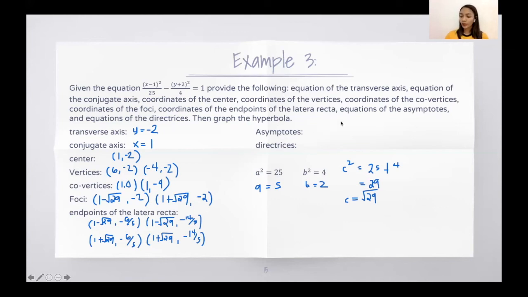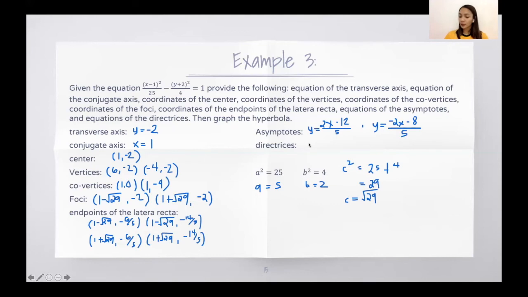Okay, so let's go to the equation of the asymptotes. So for the equation of the asymptotes, we have y is equal to 2x minus 12 all over 5 and y is equal to negative 2x minus 8 all over 5.